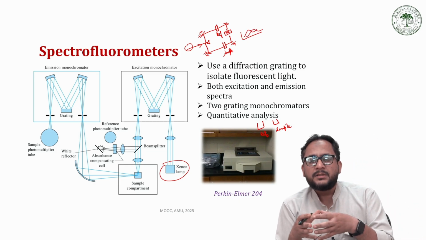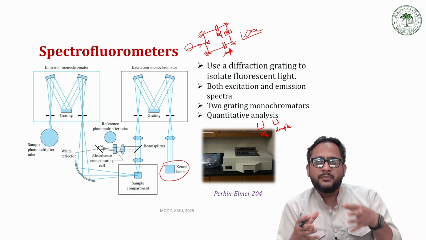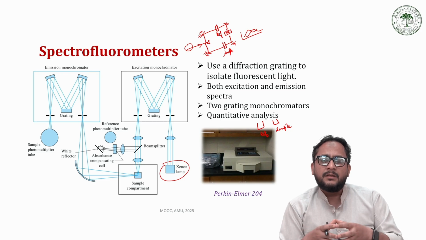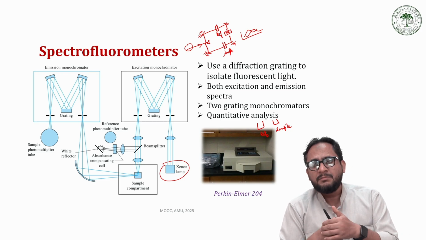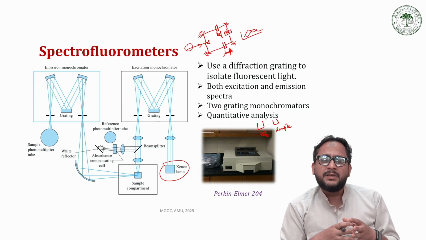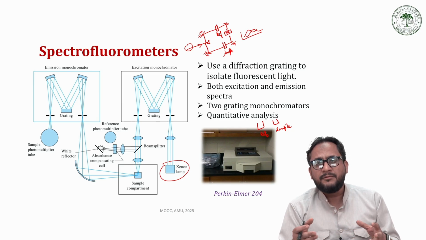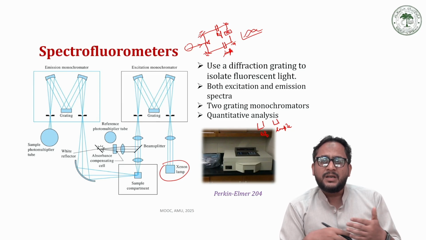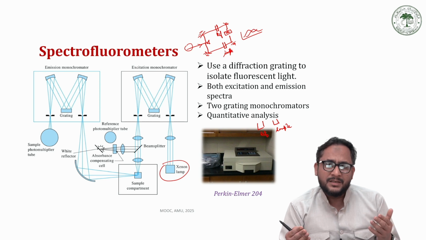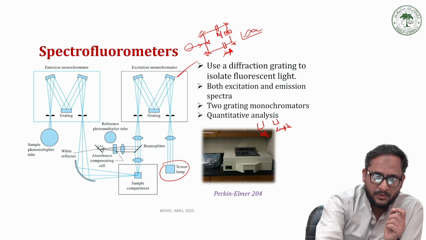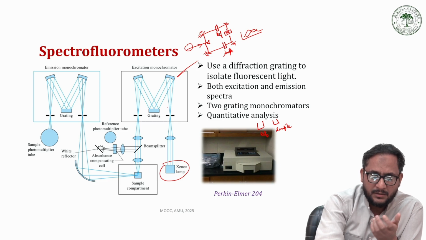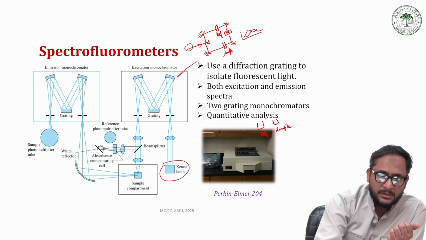If these two spectra have the same peaks at the same positions, the two spectra are superimposable. We can say that the reference and sample are the same, but if the peaks in the spectrum are different, the two spectra are not superimposable, then we can say that of course they are two different samples.